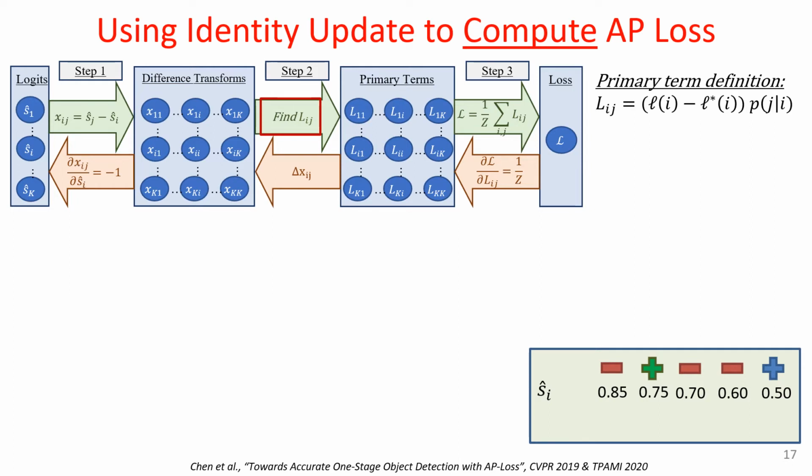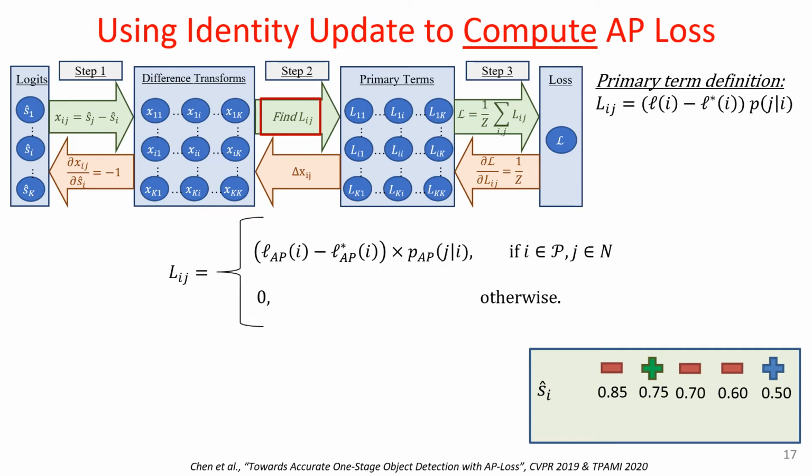Then, to compute AP loss following identity update, we obtain the primary terms as the products of the defined errors on a positive example and probability mass function. The probability mass function distributes the error uniformly over other examples, causing the error.